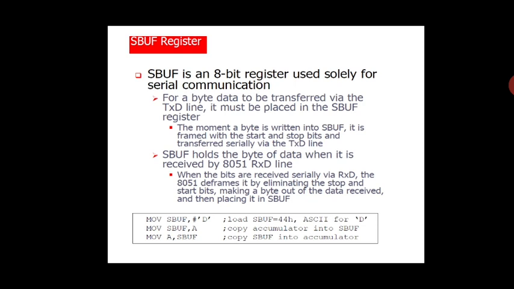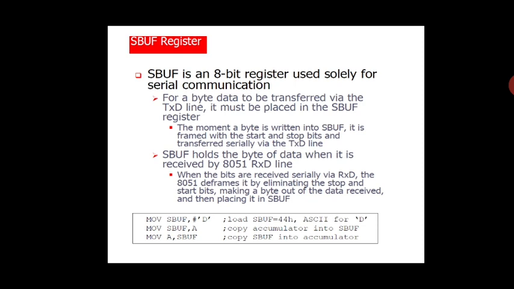They indicate a frame, meaning one frame has an 8-bit character and 2 extra bits, the start bit and the stop bit. SBUF holds a byte of data when it is received by the 8051.